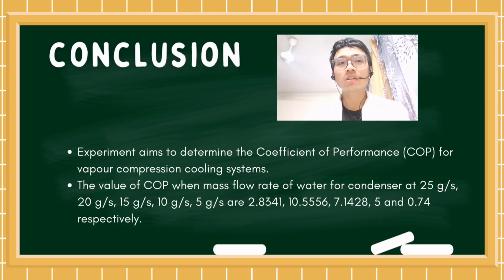So this is our conclusion part, and we finally achieved the objective of the experiment, which is to determine the coefficient of performance COP for the vapor compression cooling system.